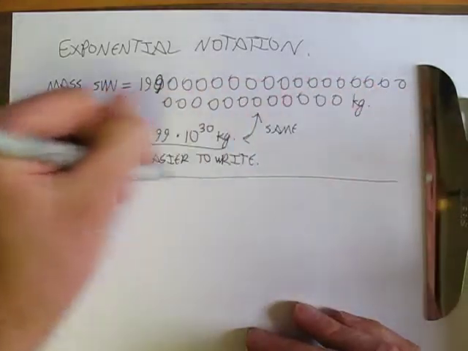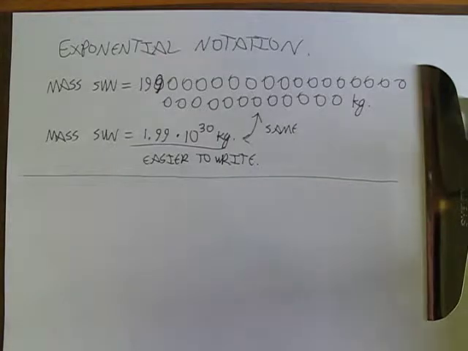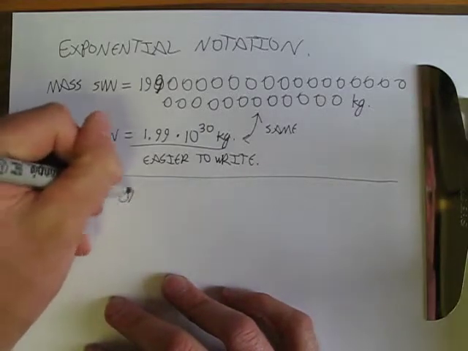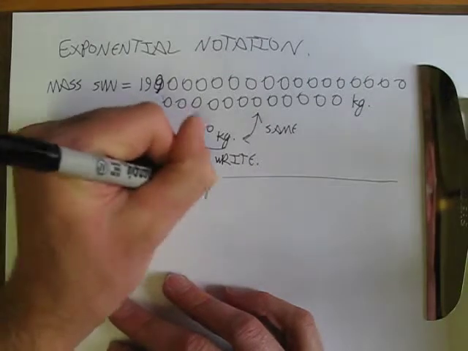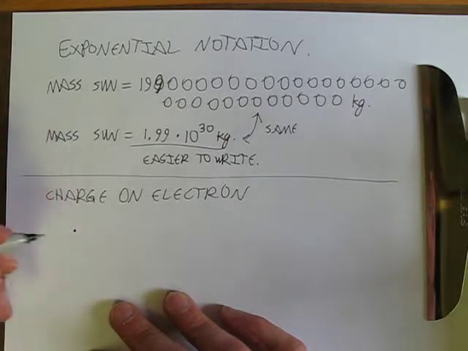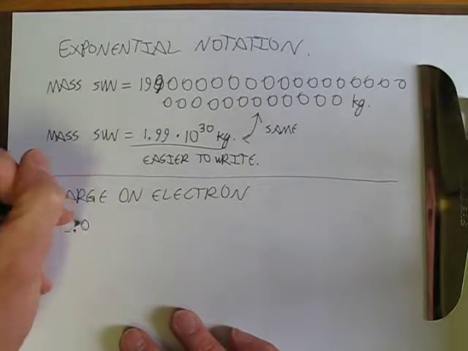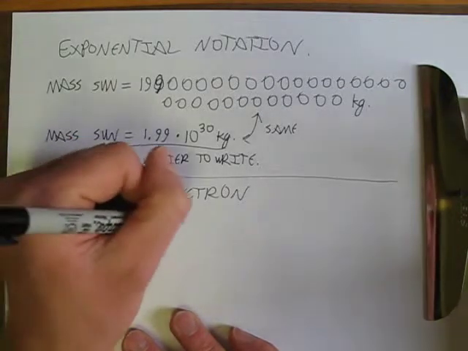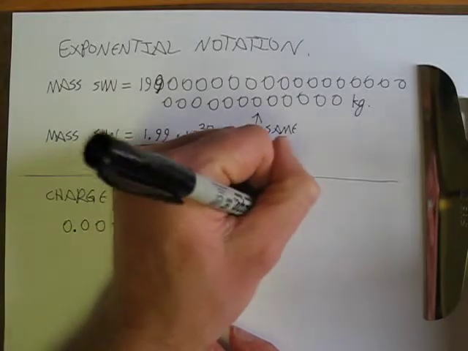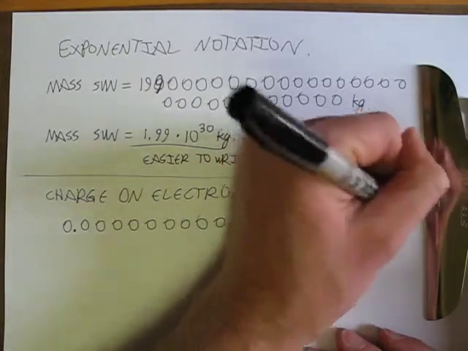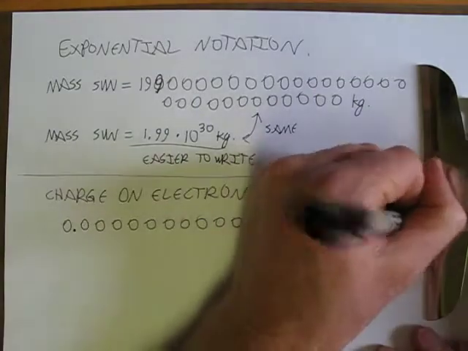Another thing, if we say the charge on an electron is going to be 1.6 with 19 zeros in front of it, coulombs.